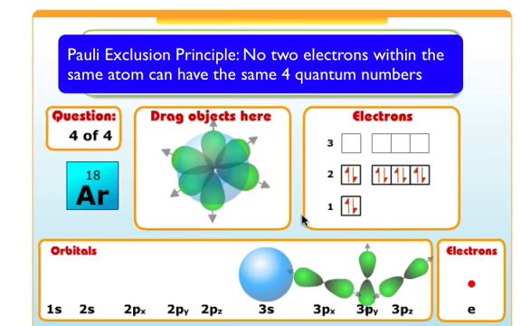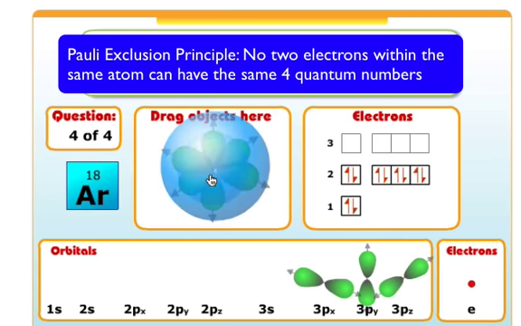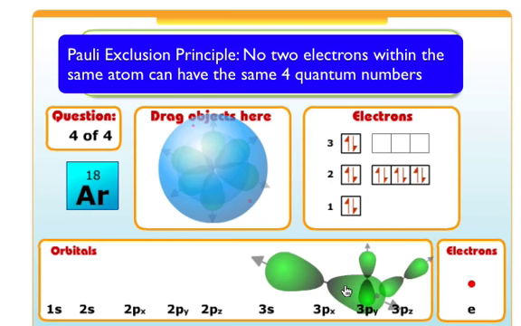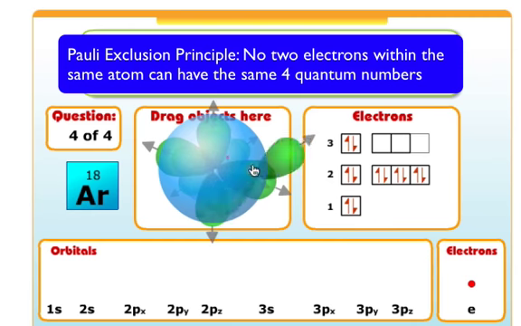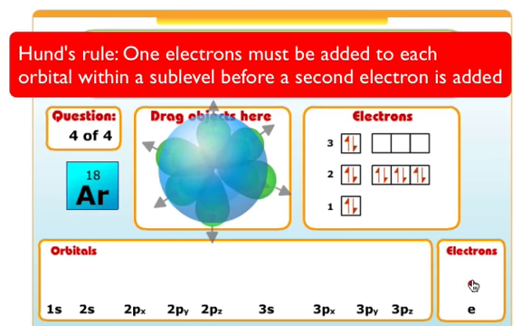So now we can move on to our next sublevel, which is going to be our 3s. And remember that our 3s sublevel can hold up to 2 electrons. So now we move on to our 3px, 3py, and 3pz orbitals.